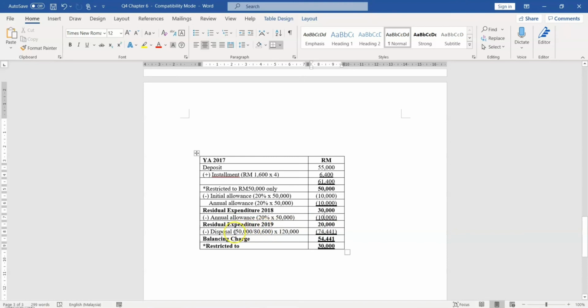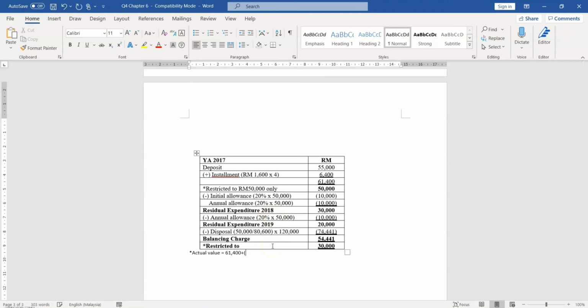so the disposal value is 120,000. So we use the formula. Disposal price is this, and the restricted amount and the actual value. The actual value is based on the 61,000 plus the residual expenditure in 2018, the installment.